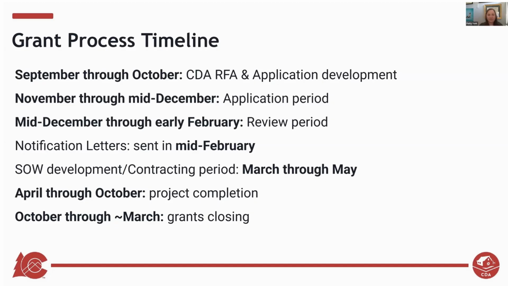So then April through October, for the most part, is when projects are completed. We do have some grants that do some kind of winter work or early spring work, and so they kind of run through the turn of the calendar year. But generally, most projects are completed April through October, and then October through March is kind of when all of the grants close out.